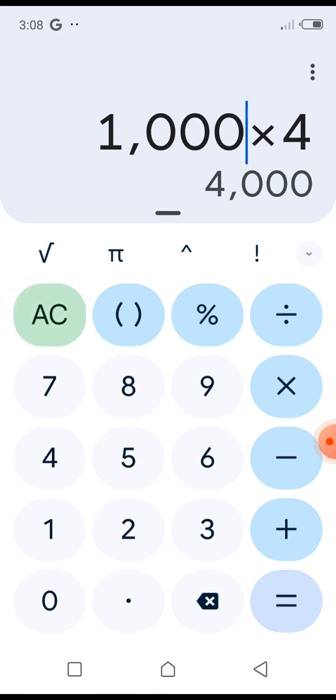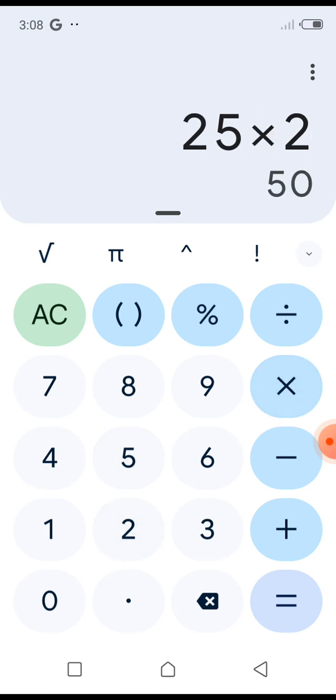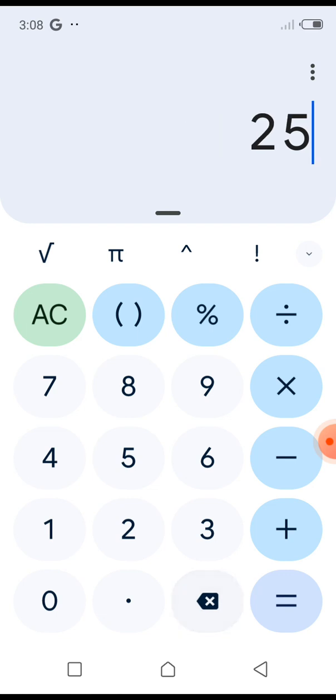Inside one pack of envelope we have 25, times 2. Then that means we are going to print 25 times 2, which is 50.